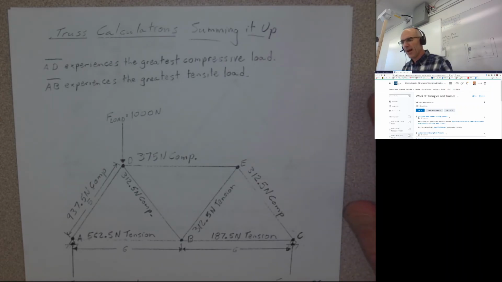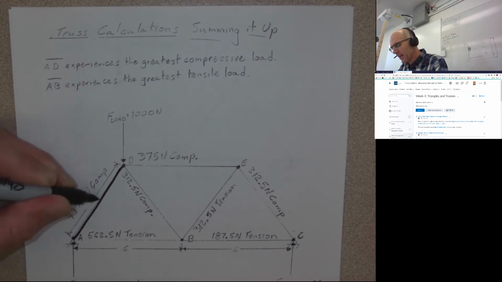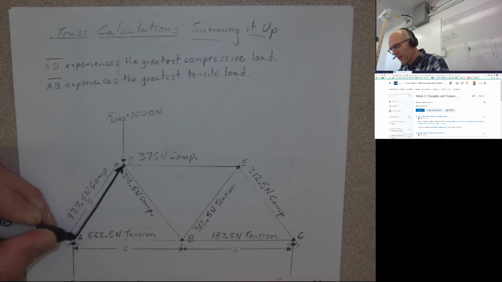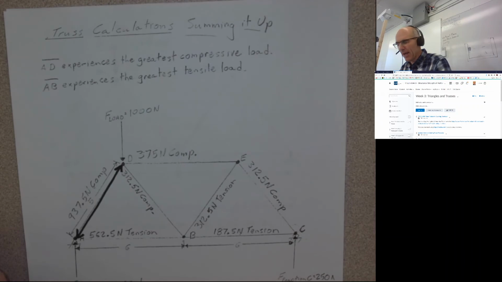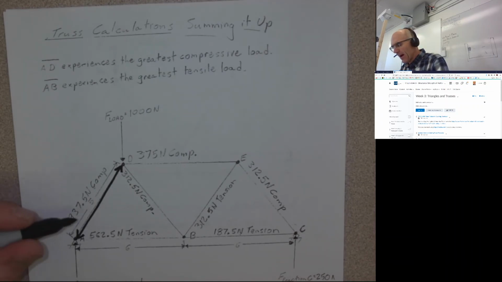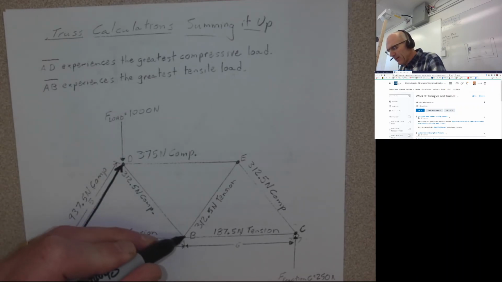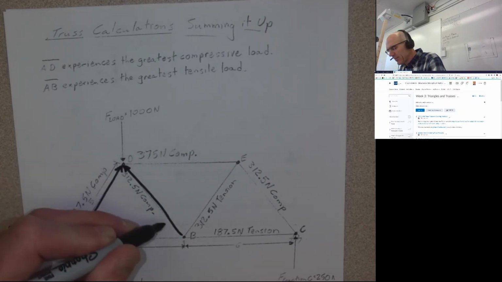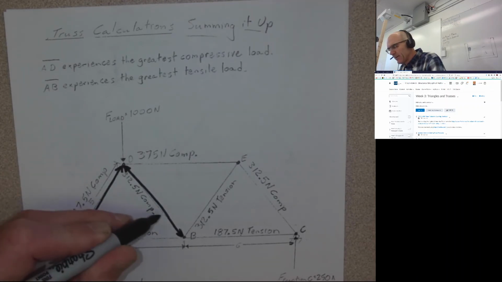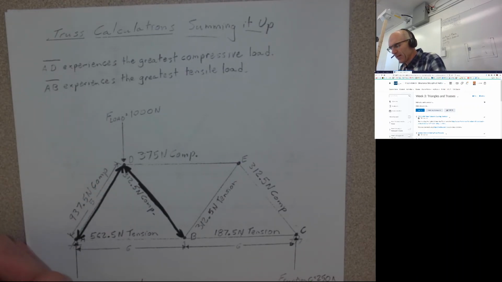Okay, so we have some members that are in compression. AD is in compression. It pushes up that way, and D pushes down that way on A. Now, because this isn't quite enough force to hold everything up in there, we had to calculate that this is also in compression right in here because it helps push up that way to help support the force of that load.